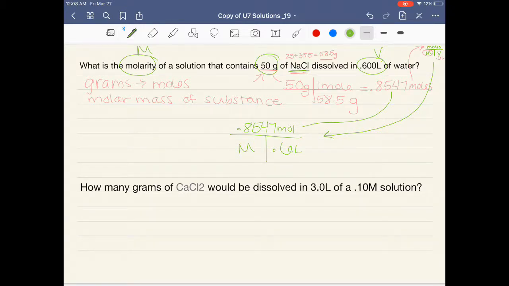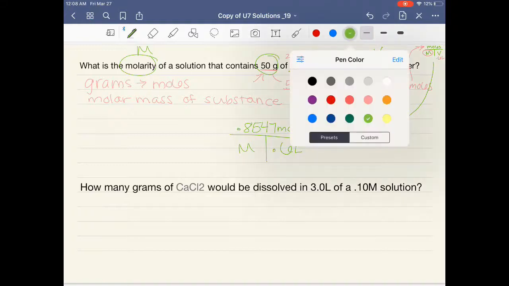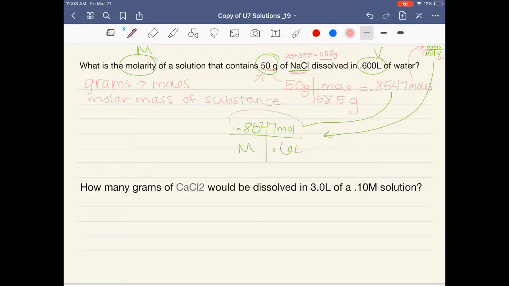All right, so once I do my 0.8547 divided by 0.6, I get a molarity of M equals 1.42 molars. All right, so again, there you go, from grams to moles. Made that conversion so that we could plug it in and find our molarity.